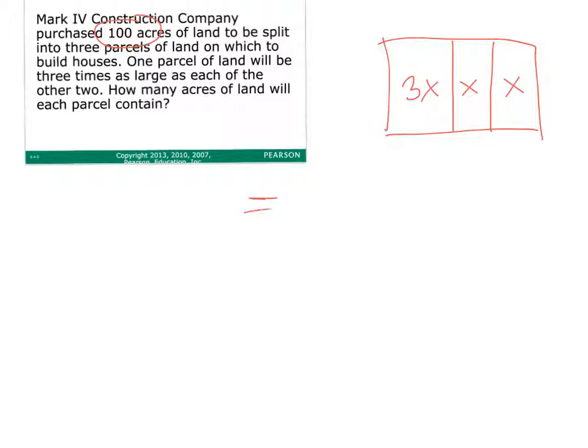Now, we know that all totaled together, we have 100 acres of land. So if they ever give you a total, that's always an answer to your equation. So we know if we take the big parcel and the 2 small parcels, add them all up, we will get the total number of acres, which is 100. Okay, so 3x plus 1x plus 1x is 5x.